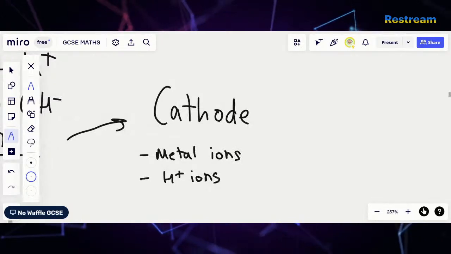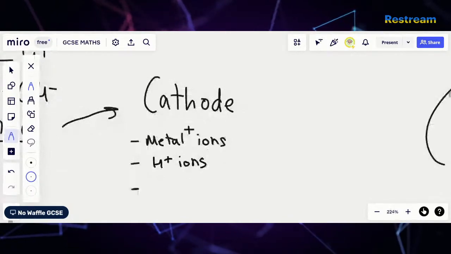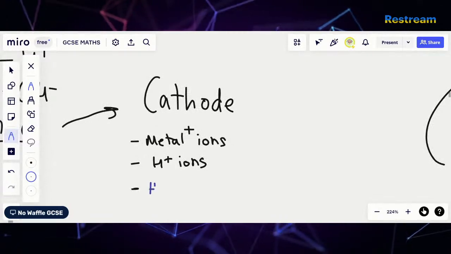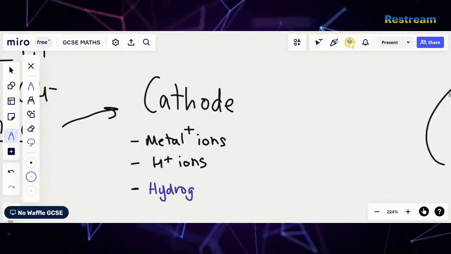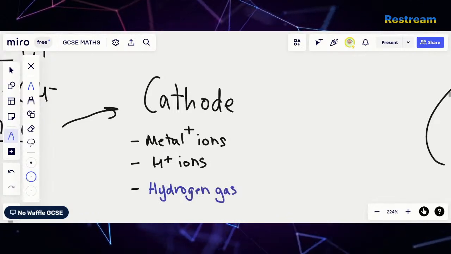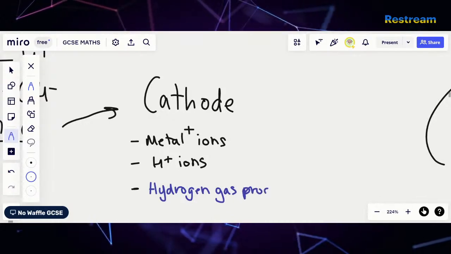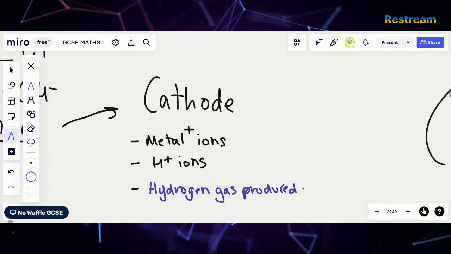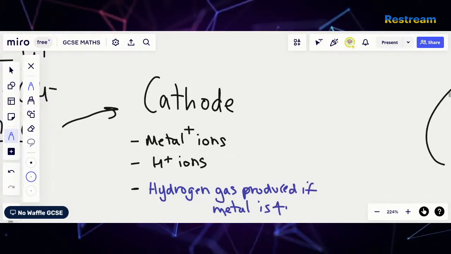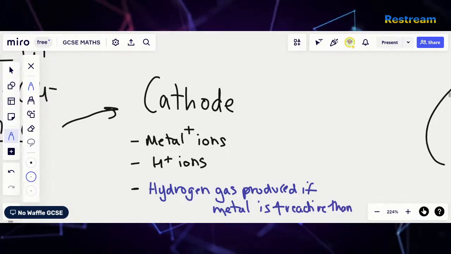These are both positive, by the way. So what is produced is hydrogen gas. But hydrogen gas is only produced if the metal element is more reactive than hydrogen.